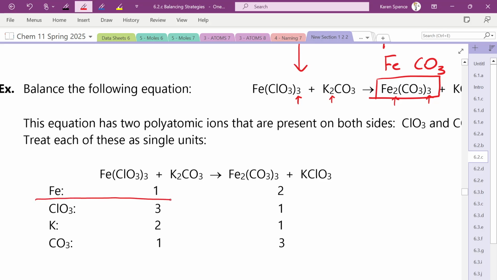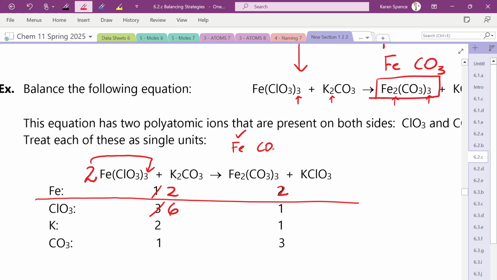So our iron, I have 2 on the left and I've only got 1 on the right, so let's put a 2 here. That's going to change my iron to a 2, but it also means that I have 2 times 3 is 6 chlorates. Now that I've done iron, now I'm going to do carbonate, because that's also in my most complex formula.